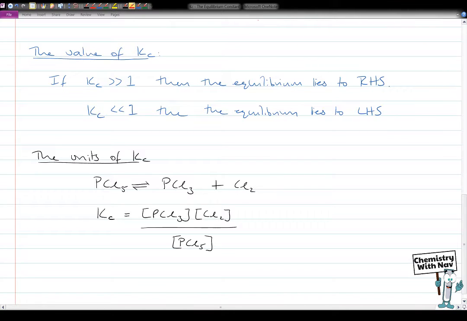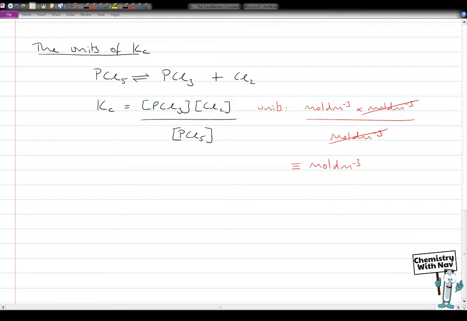But if we take that as units, then the units of concentration is moles per decimeter cubed, multiplied by moles per decimeter cubed, all over moles per decimeter cubed. Which means that those will cancel, and that's equivalent to just 1 mole dm minus 3. So in this particular expression, for that PCl5 decomposing into PCl3 and Cl2, the units of the value of Kc will just be mole dm minus 3.